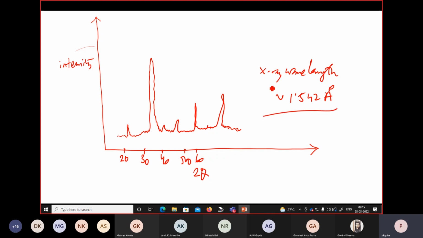There are different X-ray sources, and one of the popular X-ray sources is 1.542 angstrom. Sorry about that. So 1.542 angstrom.